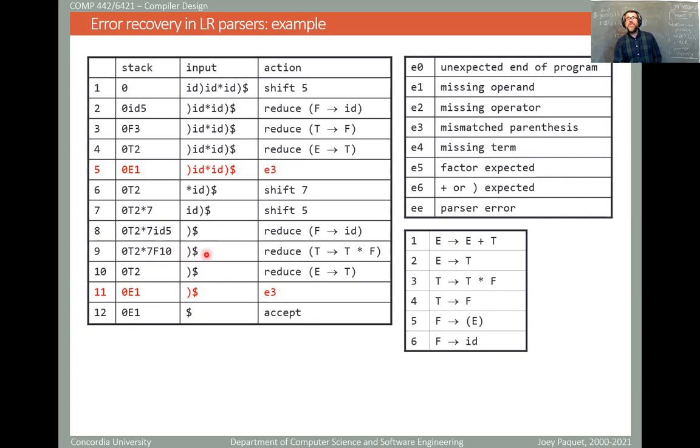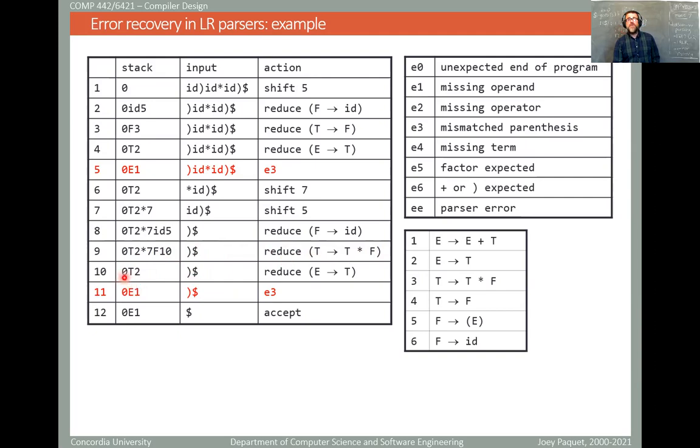10 close parenthesis says reduce using this rule here, T gives T times F. So I pop 6 things from the stack: 1, 2, 3, 4, 5, 6. I have 0 on top of the stack. And I push T on top of the stack, which is the left-hand side here.